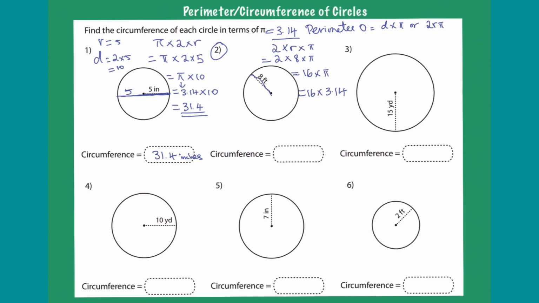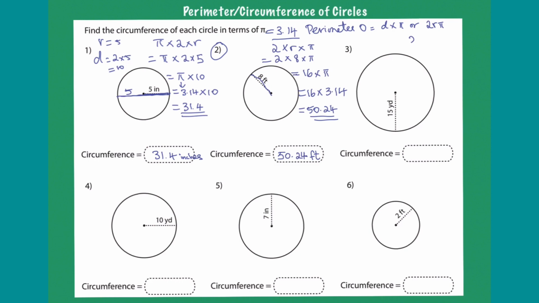What is 16 times 3.14? You just multiply that and you get 50.24. So your final answer here will be 50.24 feet. All right? It's as simple as that.